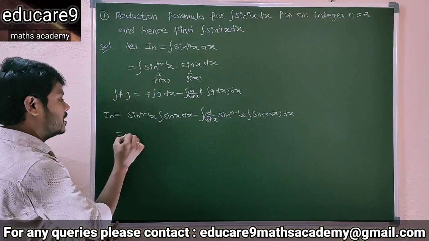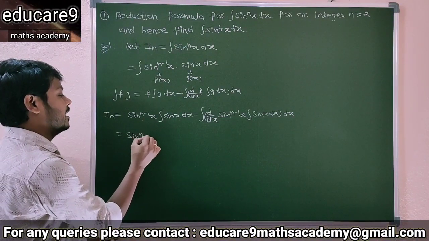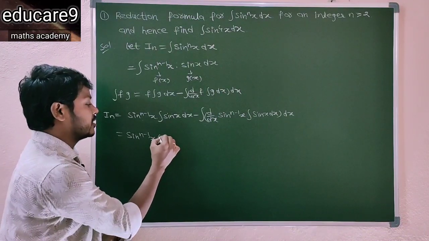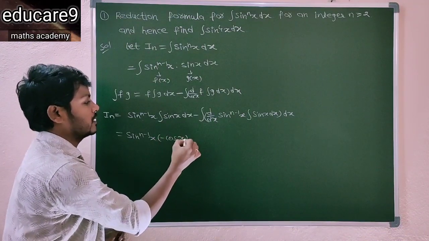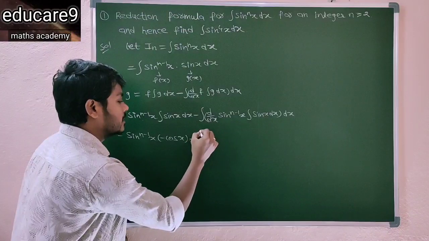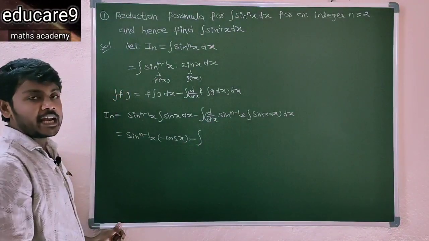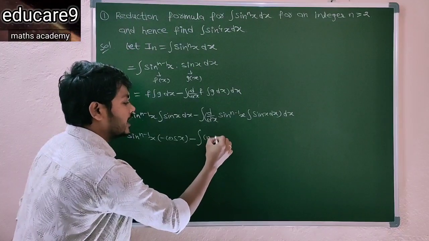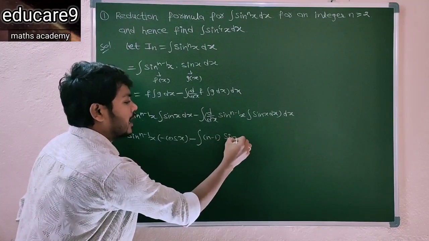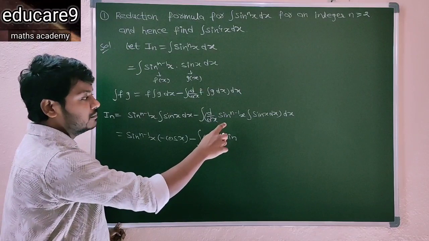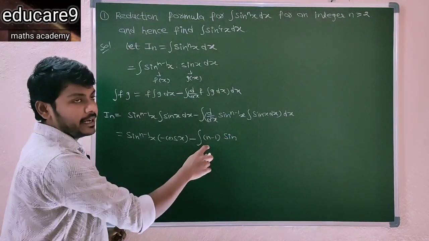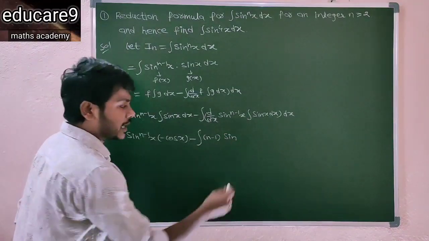Now this is sin power n minus 1x into integration of sin x, that is minus cos x, minus derivative of sin power n minus 1, that is n minus 1 into sin power. So it is in the form of f of x whole to the power of n, that is n into f of x whole to the power of n minus 1.